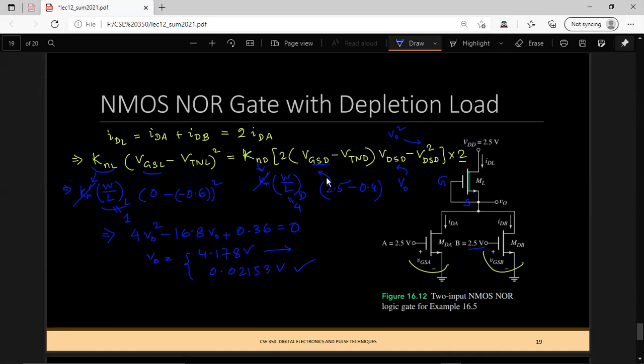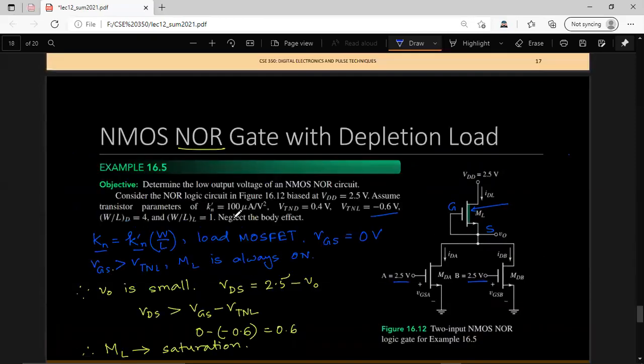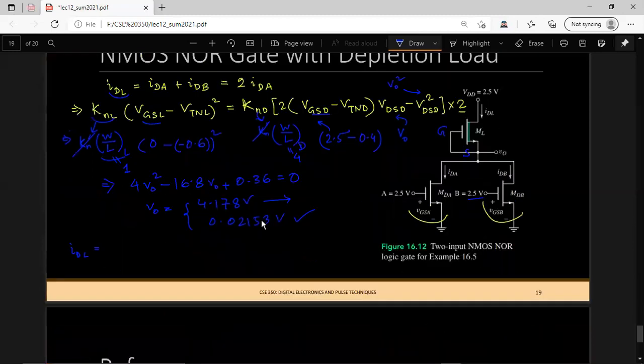And from here we can calculate the drain current using the formula. Let's say we can use the ideal formula to calculate the drain current here. IDL equals Kn prime, that is 100 microampere per volt squared, which should be 0.1 milliampere per volt squared.